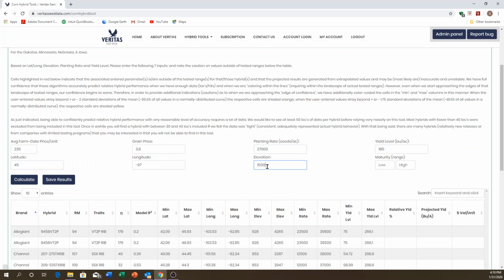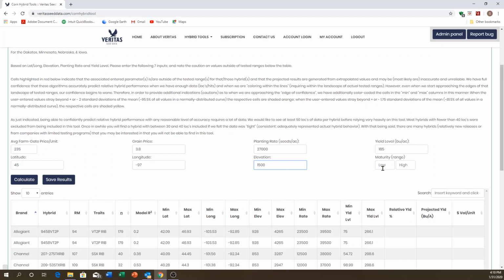Now this is one you may want to run different iterations for if you have fields that are at different elevations. We can see elevational change fairly significant within a few miles. So this is probably more often one you will want to change than lat long.